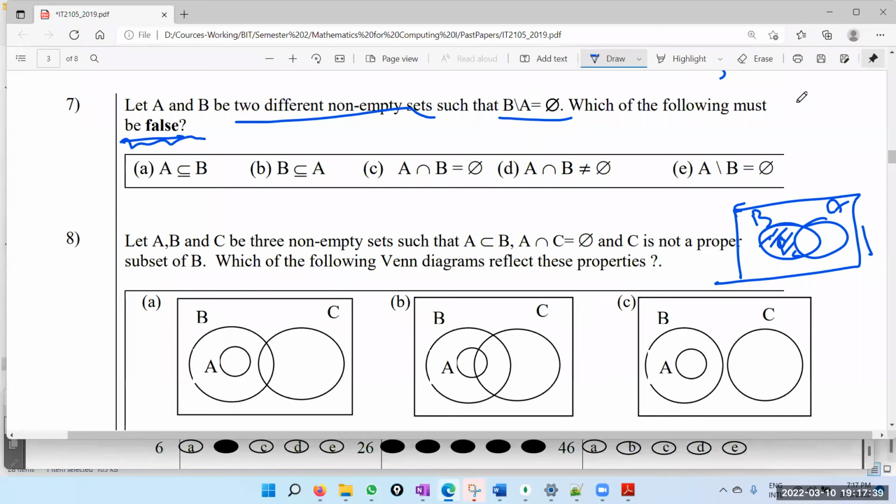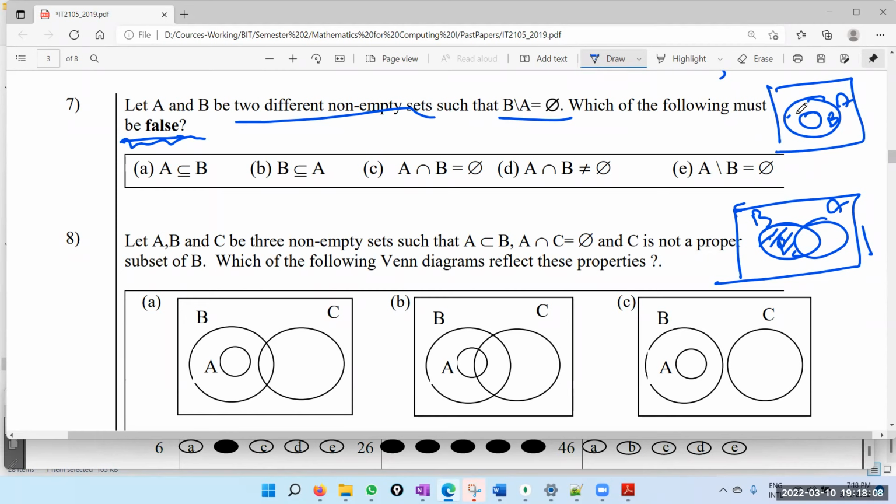So therefore, I can draw this like this. So this is my A, and this is my B. Then B minus A equal 5. Right? Belong to B but not belong to A is 5. So you must have that thinking. Okay, that means can B equal to A?